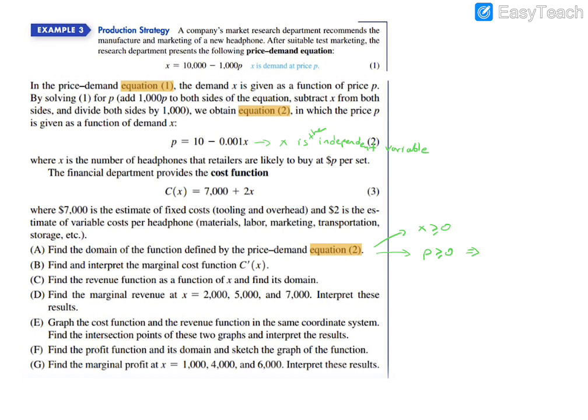So p bigger than 0 implies 10 minus 0.001x bigger than 0. By solving this inequality, we will find the upper bound for x.